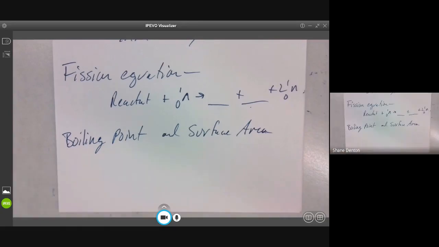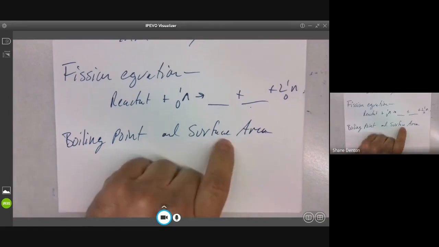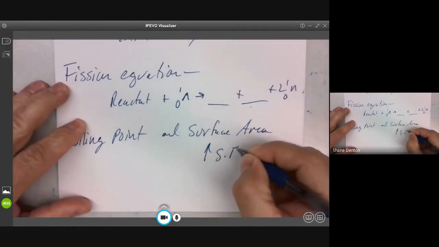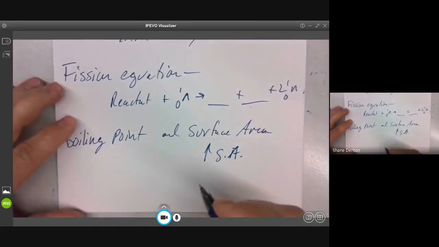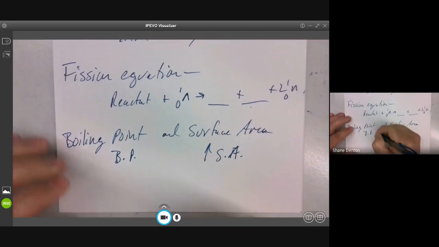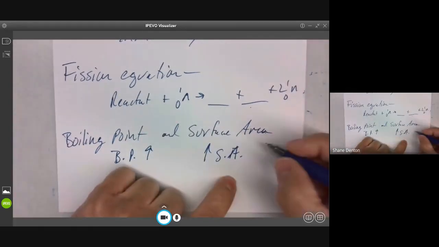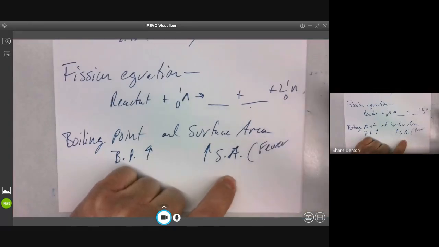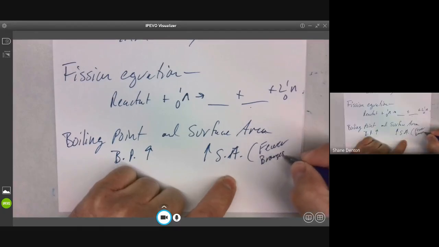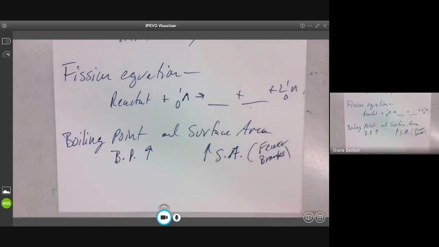Okay, so if I have a high surface area, what does that do to my boiling point? Boiling point go up or down? Up, right? And a high surface area corresponded to fewer what? Fewer branches. Okay, the fewer branches I have, the higher my surface area, the higher my boiling point.